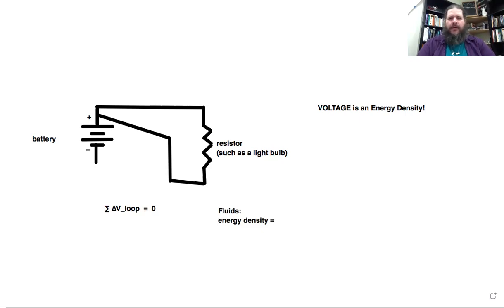And that was energy per unit of what? Volume. Yeah, energy over volume. That is, if you've got some sort of fluid moving around, you're talking about how much energy the fluid has divided by the volume of the fluid. Or to put it another way, how many joules of energy per cubic meter of fluid.